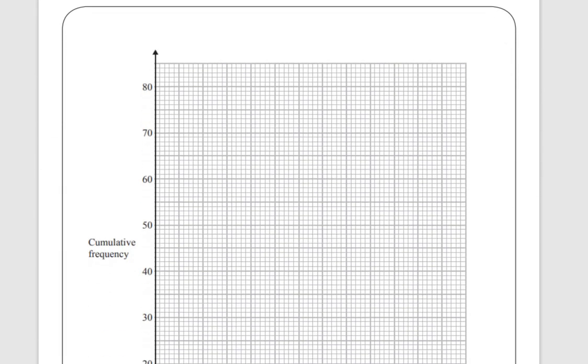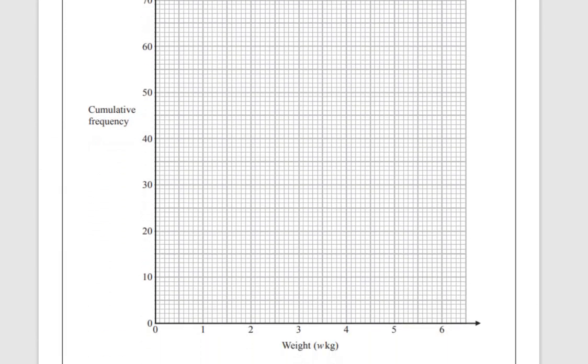So here is the graph. So we have weight on the x-axis, and we have cumulative frequency on the y-axis, and the first point is 1 and 8. So that is the first point that we plot.